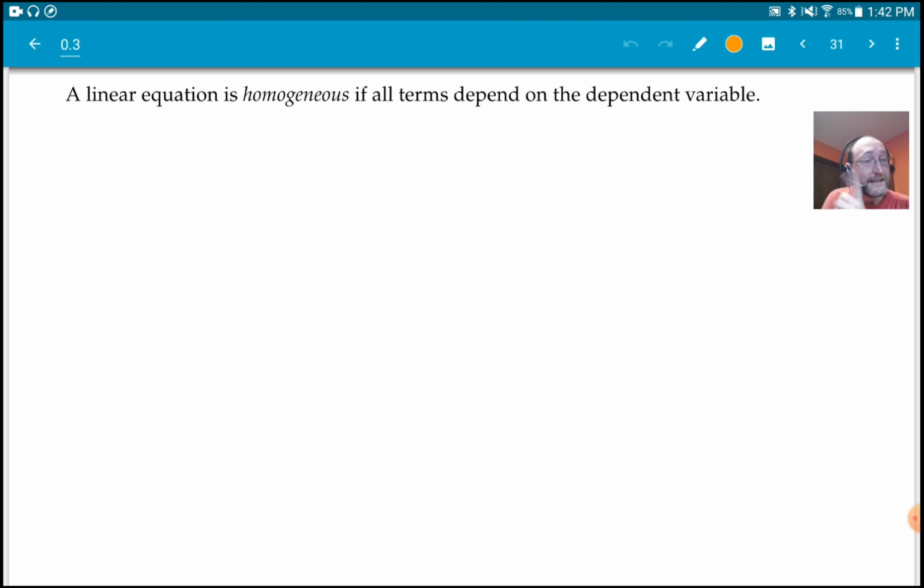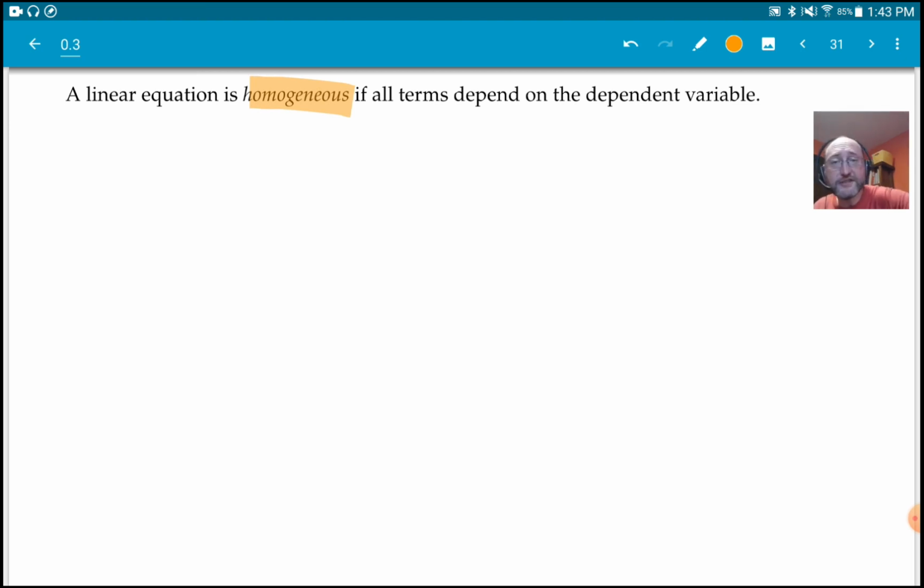All right, now a linear equation, we say it is homogeneous or homogenous, and I can never decide which one is correct. At some point I read that both are correct, so sometimes I say one, sometimes the other. Either one is spelled the same, so if I just write it, I don't have to worry about it.